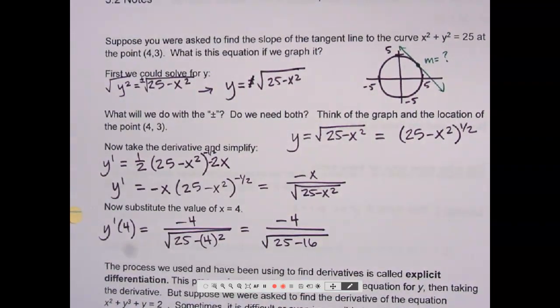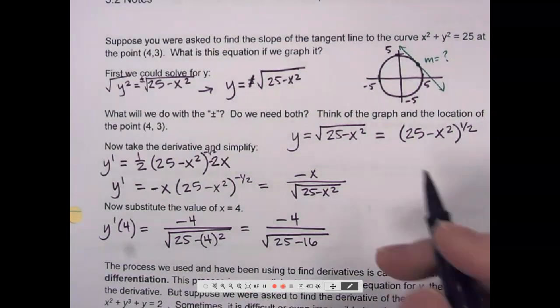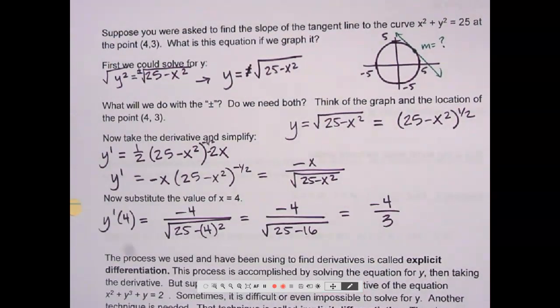All right, what's 25 minus 16? And what is the square root of 9? Okay, good, I got the right answer. The answer is negative 4/3. So that's our slope.